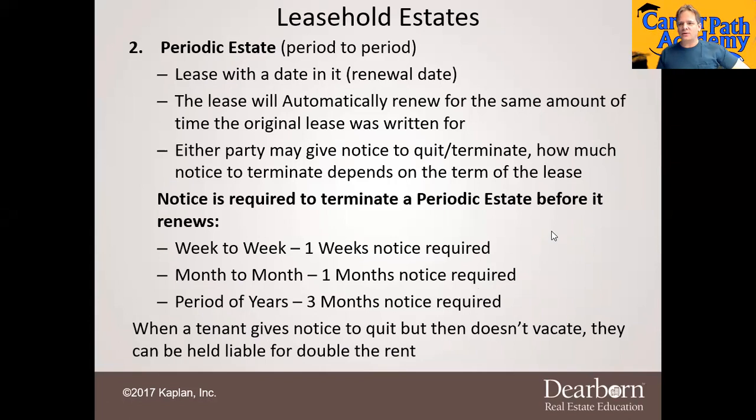And why would a landlord do that? Well, maybe they had another tenant lined up to move in and they're in breach of contract with that tenant now because the place isn't available for them.